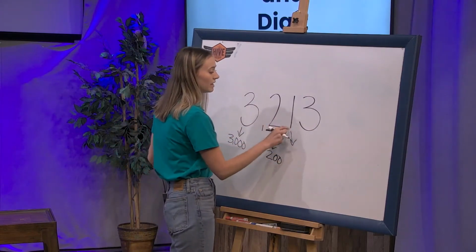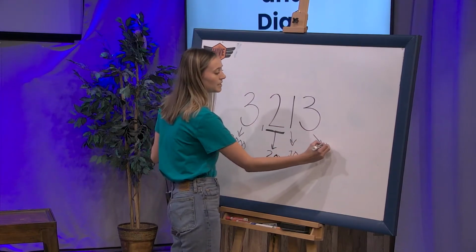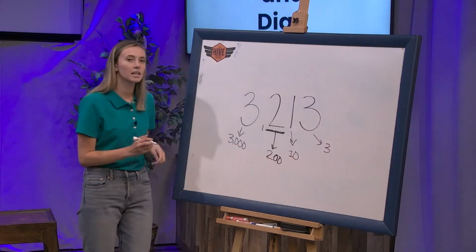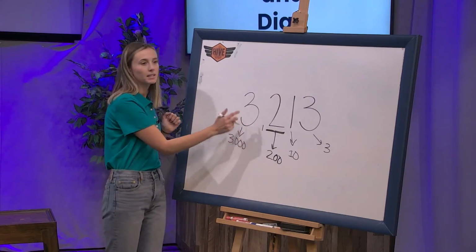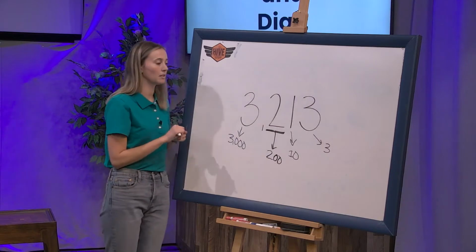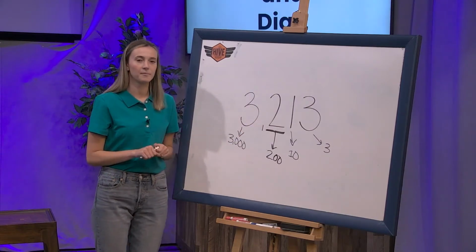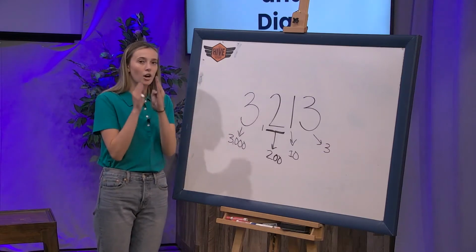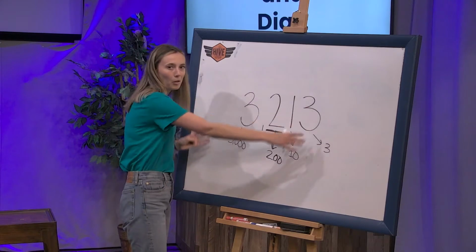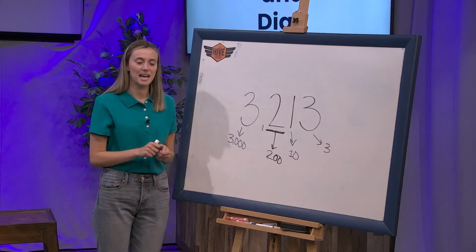The value of this digit is 10. And the value of this digit is 3. So the digits are the individual single numbers in a whole number. Okay, so this is a digit, all the separate numbers. So a number is the whole, the digits are all the numbers that make up the whole. Does that make sense? Let's slide to what's next.